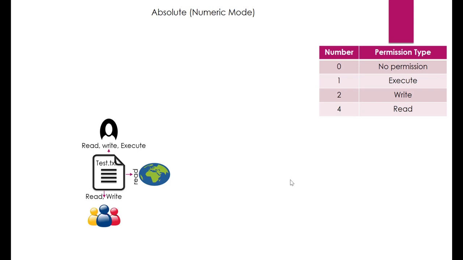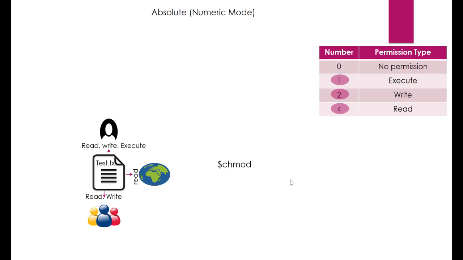So we are going to have the command like chmod and then the read permission represented by number 4. So we are going to take number 4 and write permission represented by number 2. He also needs the execute permission, so we are going to set the execute permission as well. The number for execute permission is 1.